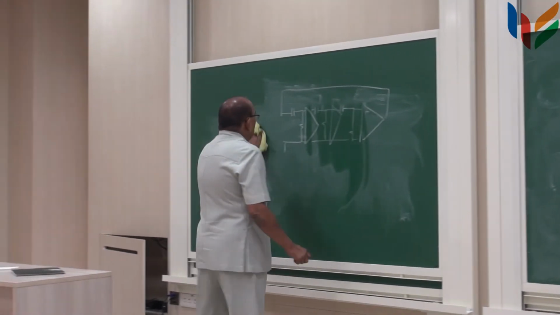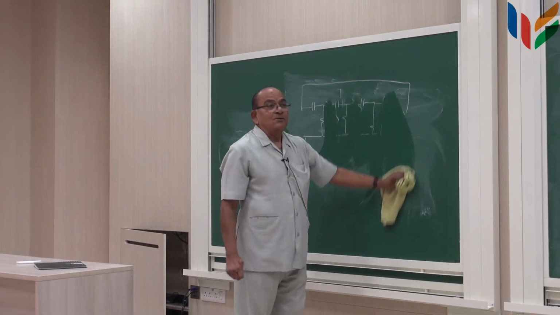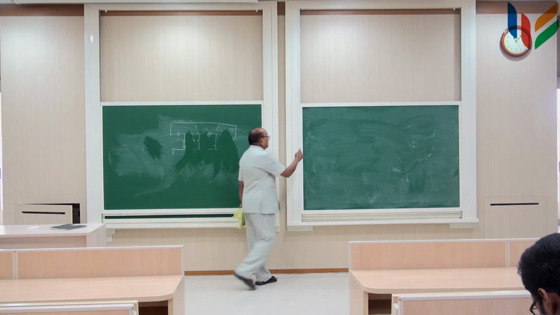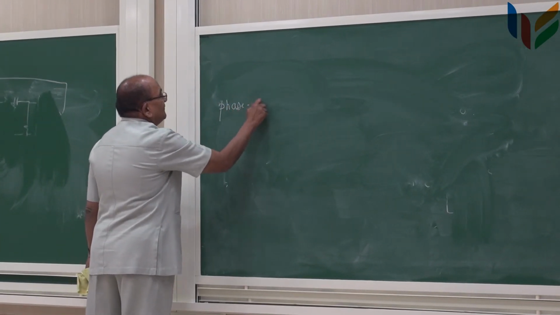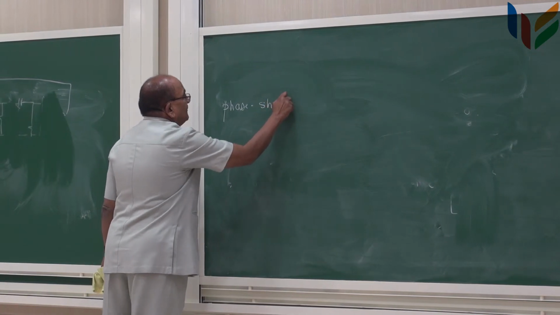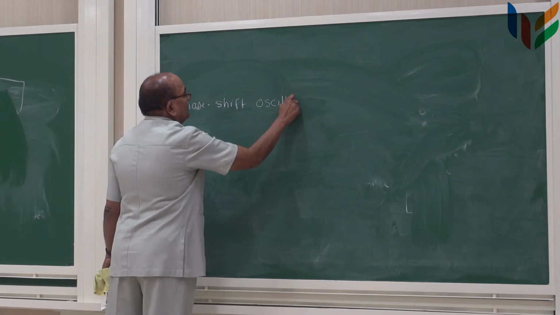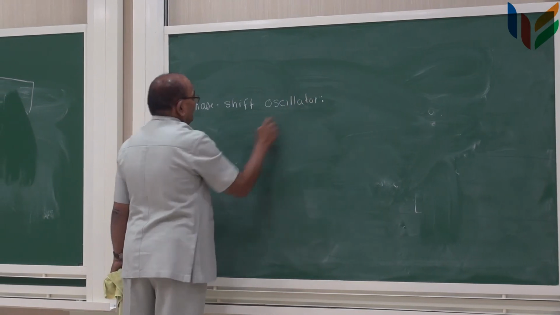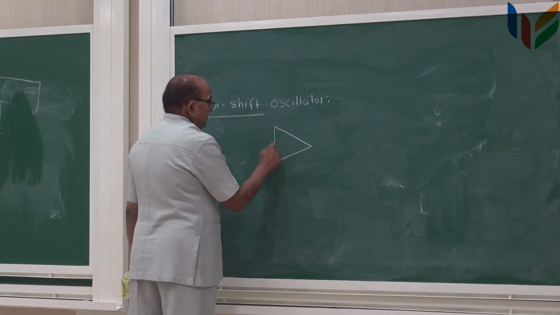So people said, let us remove those and then see what happens. So that resulted in the final version of the phase shift oscillator. Still RC, where you have an amplifier.